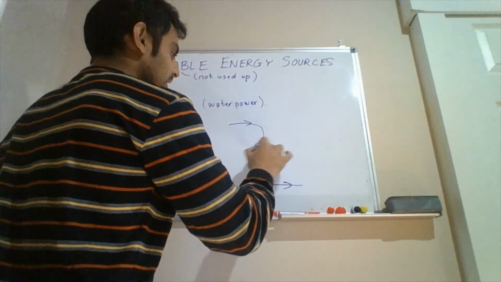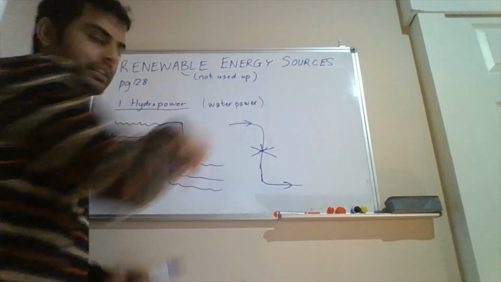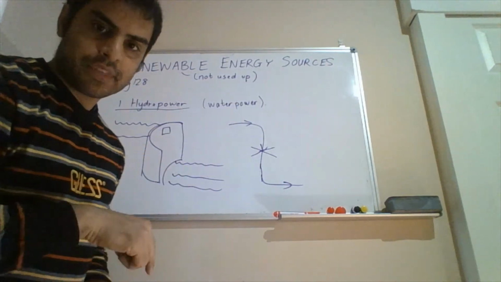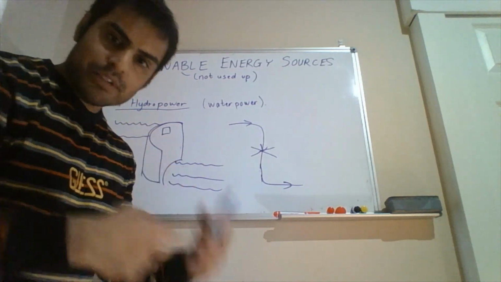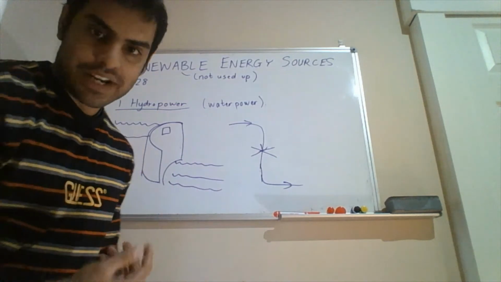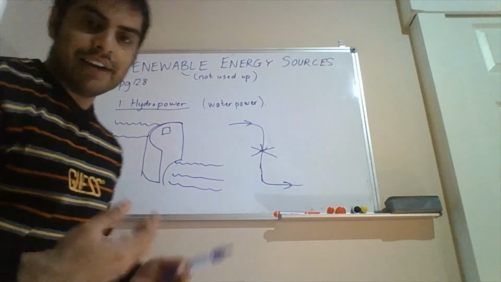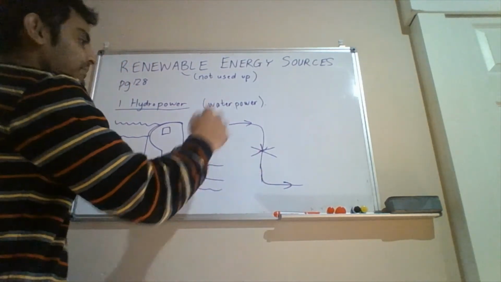So here are the blades of a generator, and it will make this generator spin. It's similar to when the wind blows, a windmill spins. Here, when the water flows, the generator spins. And whenever we have a generator spinning, it produces electricity.